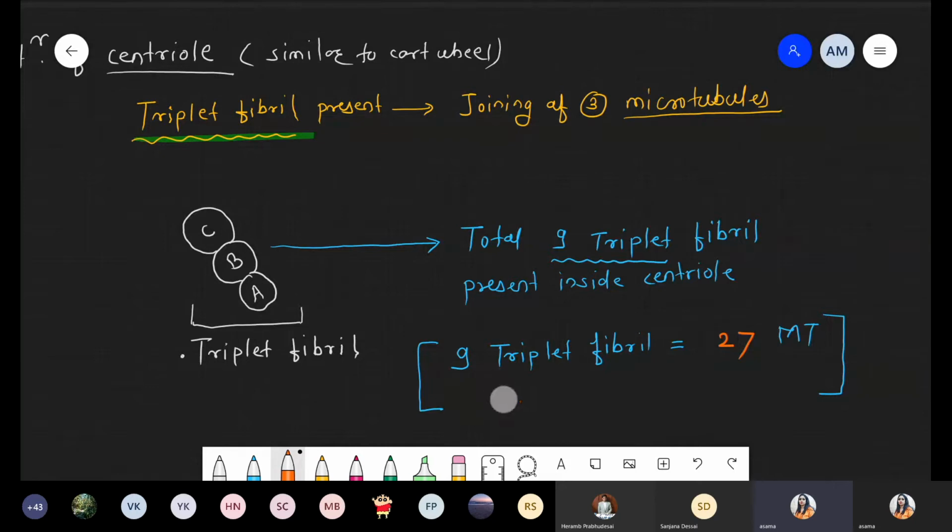Because a single triplet fibril consists of a total of 3 microtubules. On that basis, we can say that in the total structure of the centriole, 27 microtubules are present. So this point is clear. One question from the microtubules. Got it?